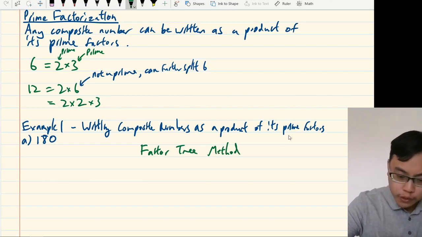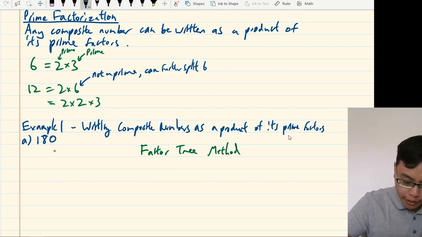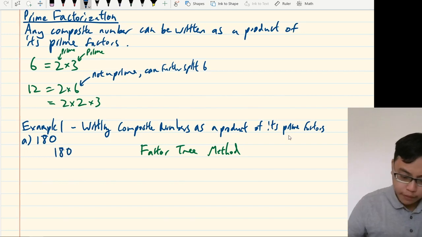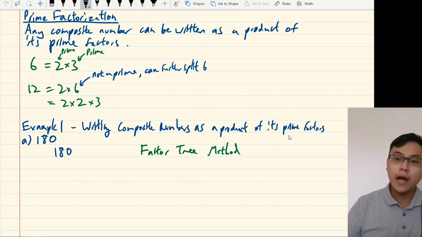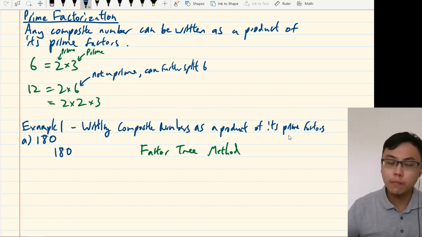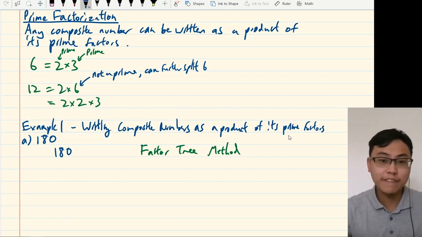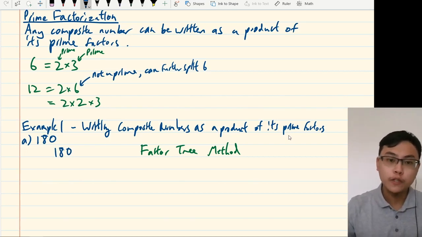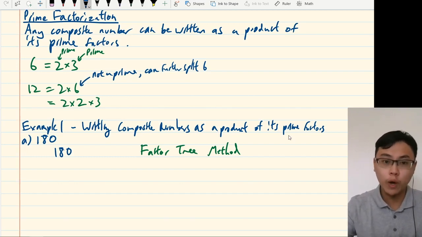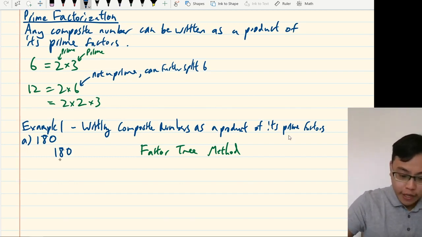And so what we're going to do is write 180 right in the middle over here. And then I'm going to use the smallest available prime number to divide, the smallest factor that is not 1 that can divide 180. We always try to use 2 if it is available.